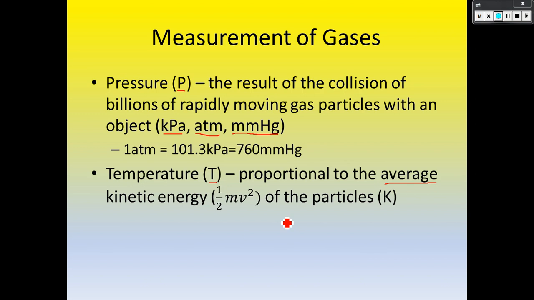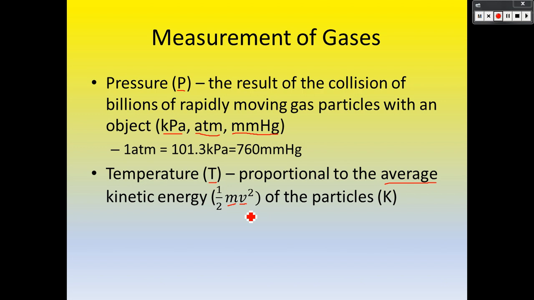So what that means is if you have two containers of gas, let's say a container of argon gas and a container of helium gas, argon has a lot more mass than helium. So at the same temperature, the helium gas is actually going to be moving faster, have a higher velocity, because it has a lower mass.